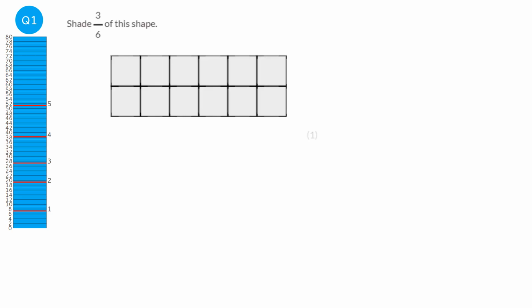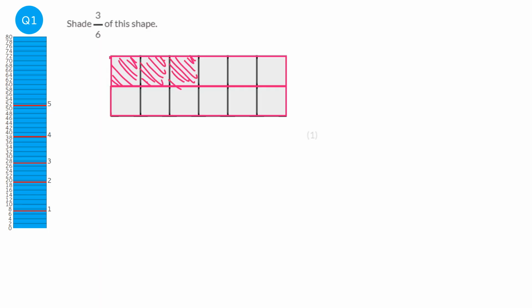Enjoy! If I split this shape into two sets of 6 blocks, when we're asked to shade in 3/6, for each one of those sets of blocks, I'm going to shade in 3 of the 6.